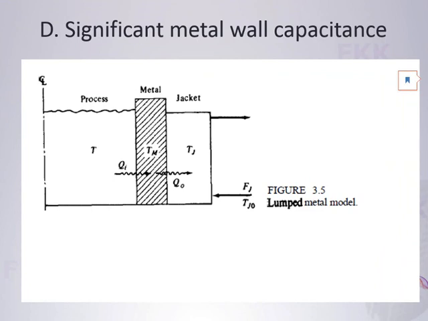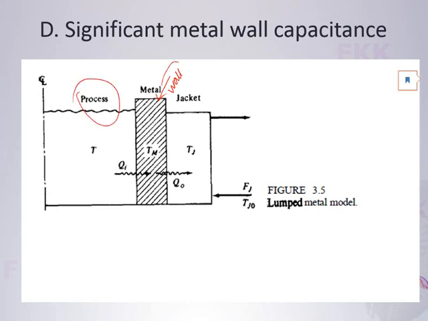So the last section, the significant metal wall capacitance. What really happened here is that we are going to assume that this is the wall surrounding the fluid. Okay, so this is the process fluid section.